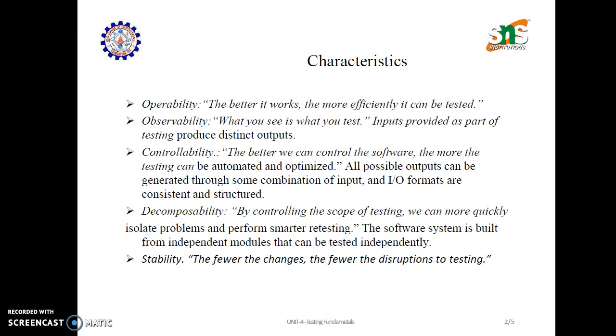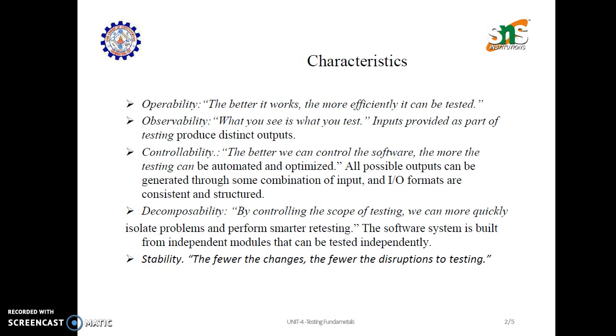Decomposability. When we are building a product in a quicker way, it may lead to some failure. In that case, it may not affect the system. By controlling the scope of testing, you can more quickly isolate the problem.